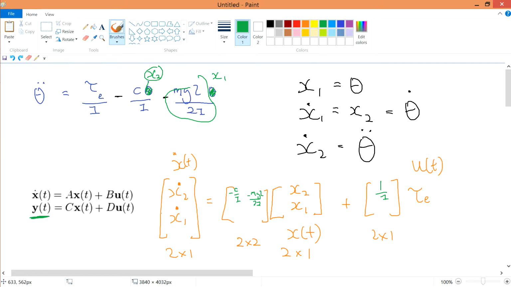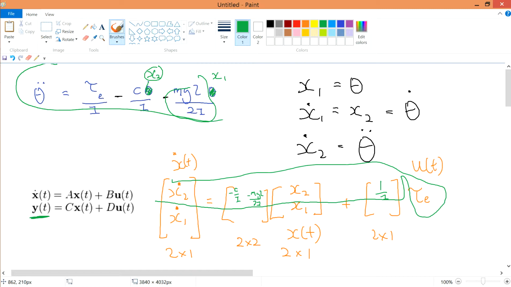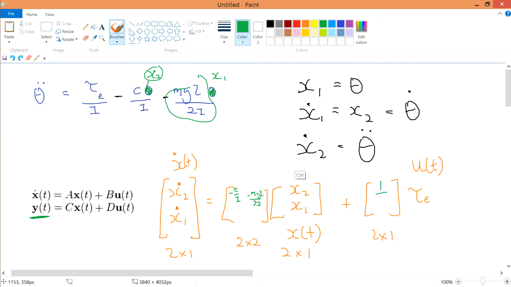And therefore this whole portion over here describes this differential equation. And then x1 dot is equal to x2, correct? And therefore I can just simply write 1, 0, 0, because x1 dot is simply x2 and that's it.